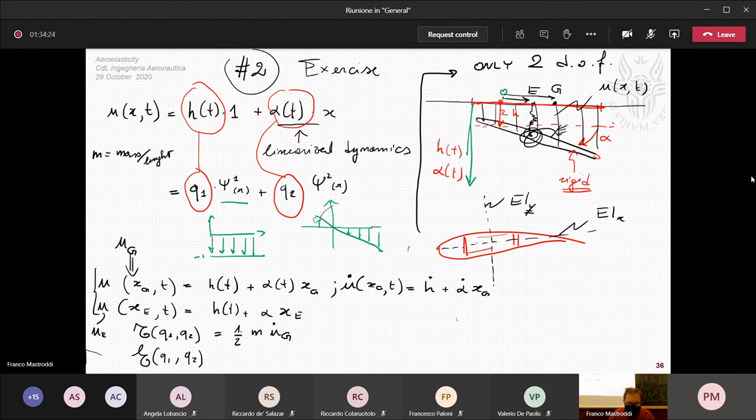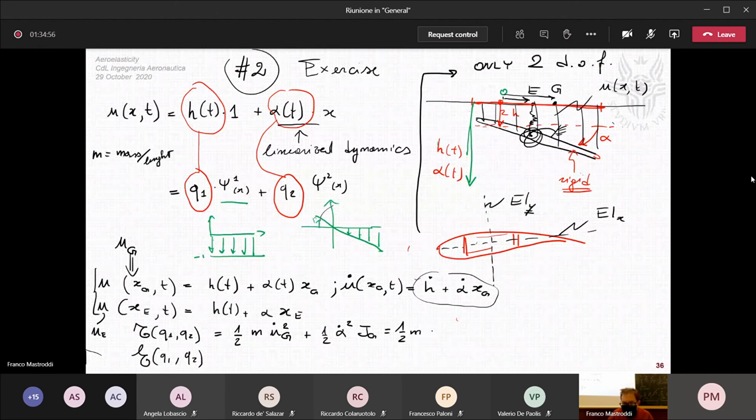So you have 1/2 m u dot G to the power 2 plus 1/2 the rotation rate to the power 2 by the moment of inertia, the principal moment of inertia. But u dot G here is this.